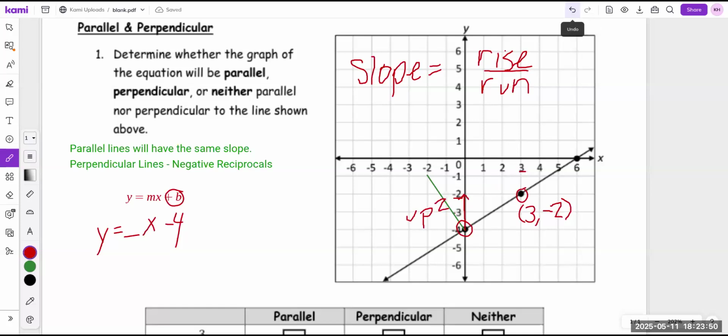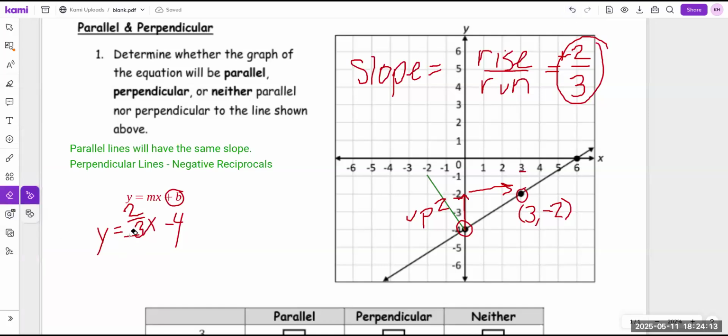So my rise is positive. It's moving in the positive direction. My rise is 2. My run, how much it's running over, is 3. Therefore, my slope is 2 over 3. Okay, 2/3 x minus 4. That is the equation of that line.